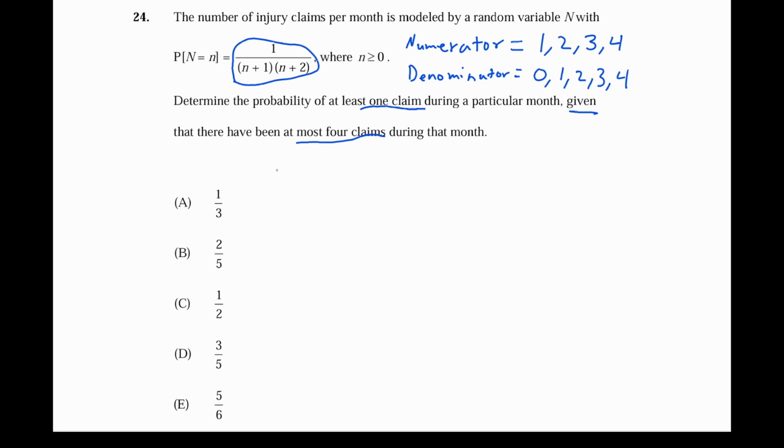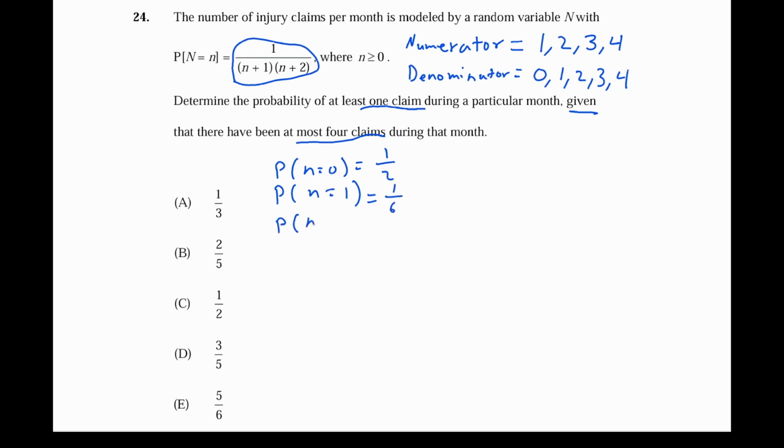So what's the probability of n equals 0? Well, that's going to be 1 divided by (0 plus 1) times (0 plus 2). So that's going to be 1 over 2. Probability of n equals 1 is going to equal 1 divided by (1 plus 1) times (1 plus 2), which is going to be 1 over 6.